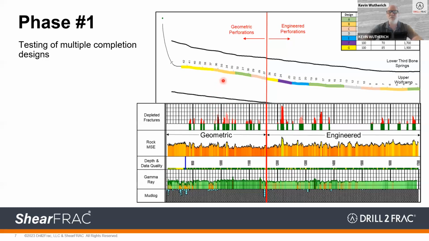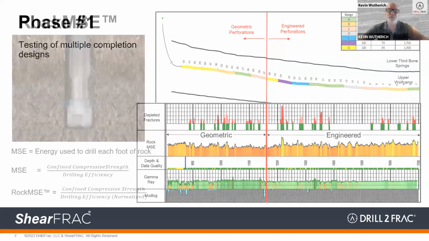They did do a little bit of mitigation around those. But in general, the first 26 stages all had an engineered design, and the last 16 or so had geometric. And you can see rate ranges went from 80 to 100, barrels per foot going from 70 to 85, and proppant concentration changing.